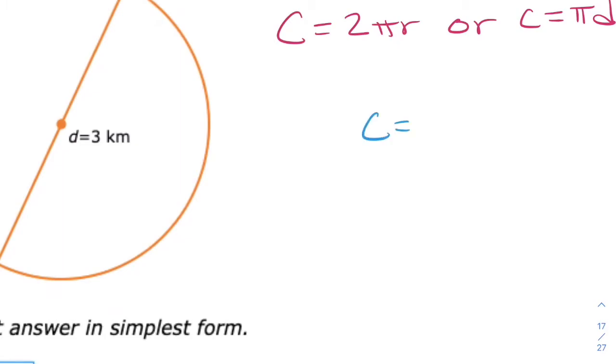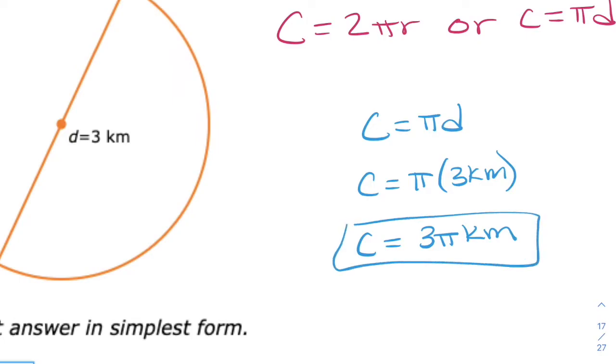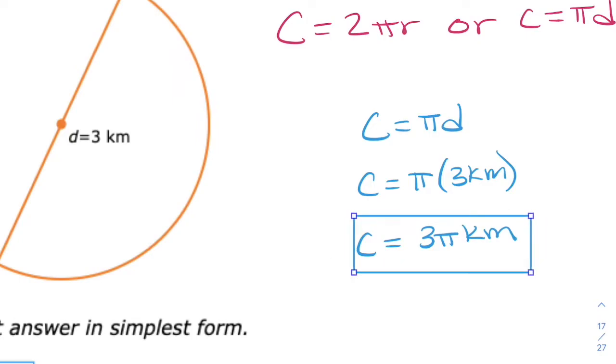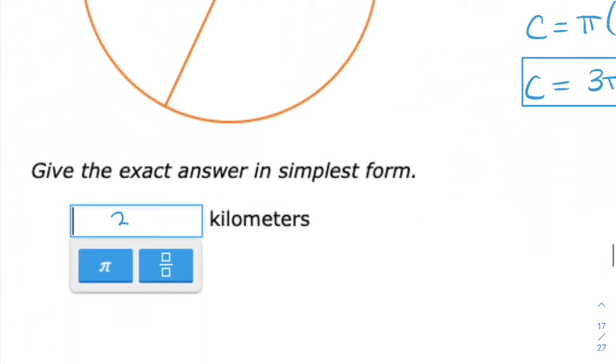So circumference equals pi times d, or diameter. So circumference equals pi times 3 kilometers. And I'm already done. 3 pi kilometers. So we're going to type in 3 pi kilometers.